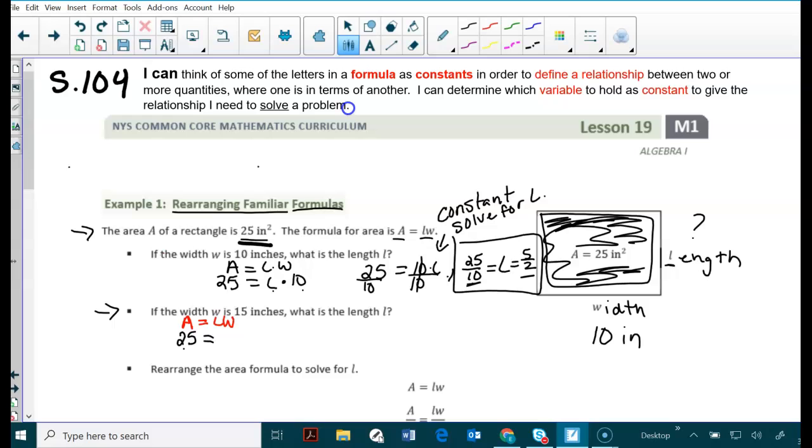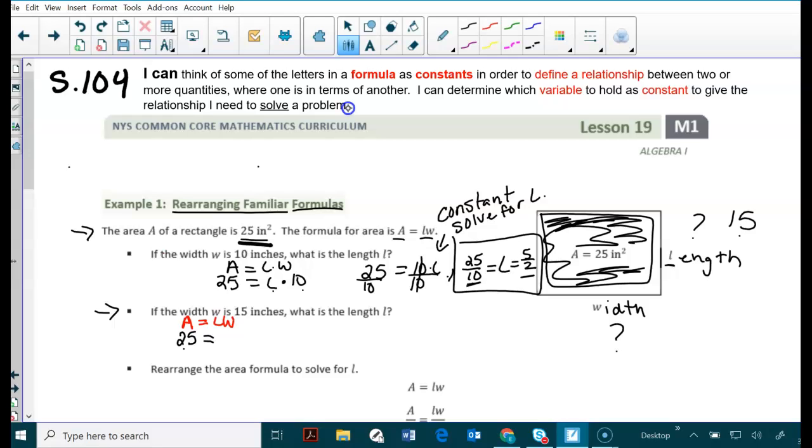Equals, this time, they're letting us know what the length is. The length in this scenario is 15, but they're not telling us what the width is. So we're going to make the width our constant so that we can determine the relationship between the length and the area.